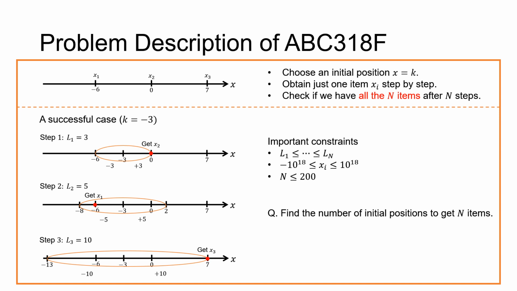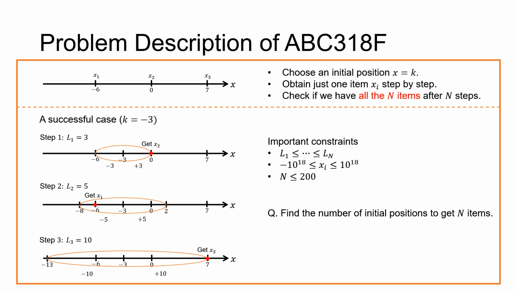We have n items on the x-axis. They are labeled with numbers from 1 to n and located at x_i. We first choose an initial position x equals k and do n determined steps.